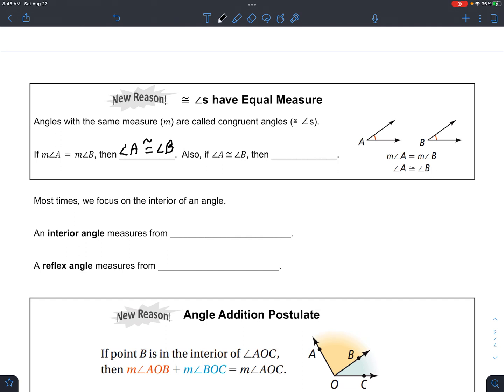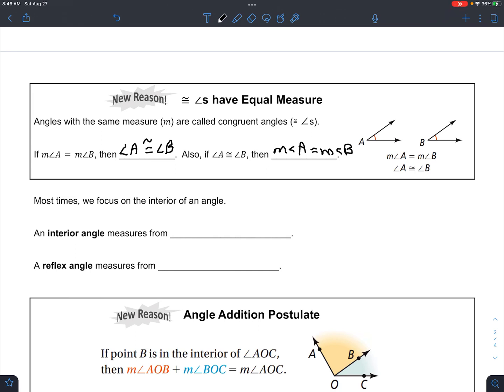And conversely, it's also true. So if the angles are congruent, then their measures are the same. It's kind of like the same for segments. So be sure you know the difference between the measure of an angle and the object, the angle itself.